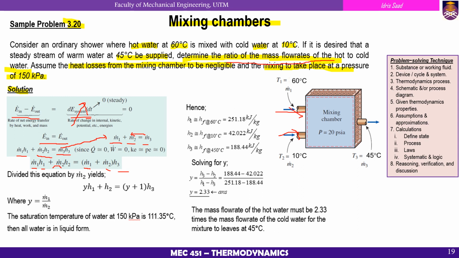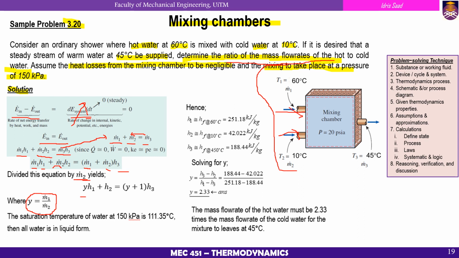Now we divide this equation by m dot 2, and let y be equal to m dot 1 divided by m dot 2. Why do we divide by m2? In this case, m2 is the cool water. Look at the question: the ratio of the mass flow rate of the hot to cool water, that means hot divided by cool. That's why we divide this equation by m2.